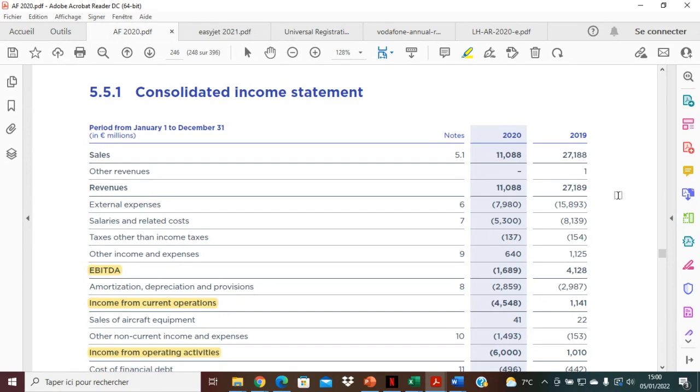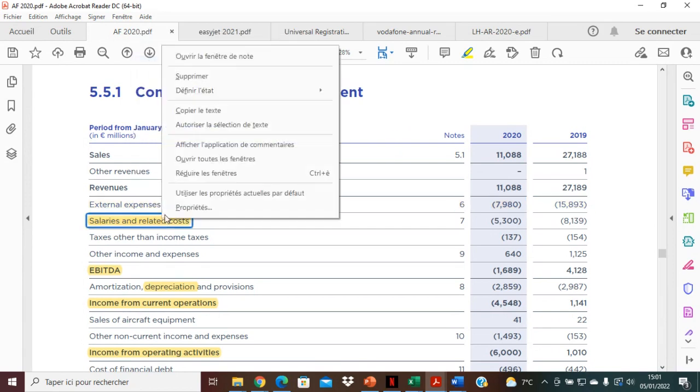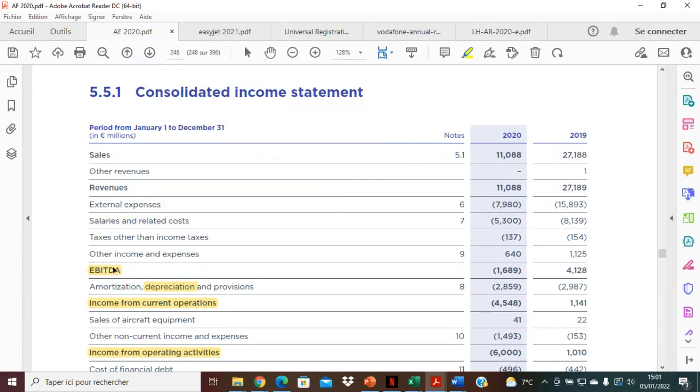Indeed, Dongfang, we have one answer. And the second one, Chungtran, yes. Indeed, very good. We have an income statement by nature, because I see total salaries, I see total depreciation, I see external expenses for things they need to buy from the outside, etc. So indeed, it's a presentation by nature.